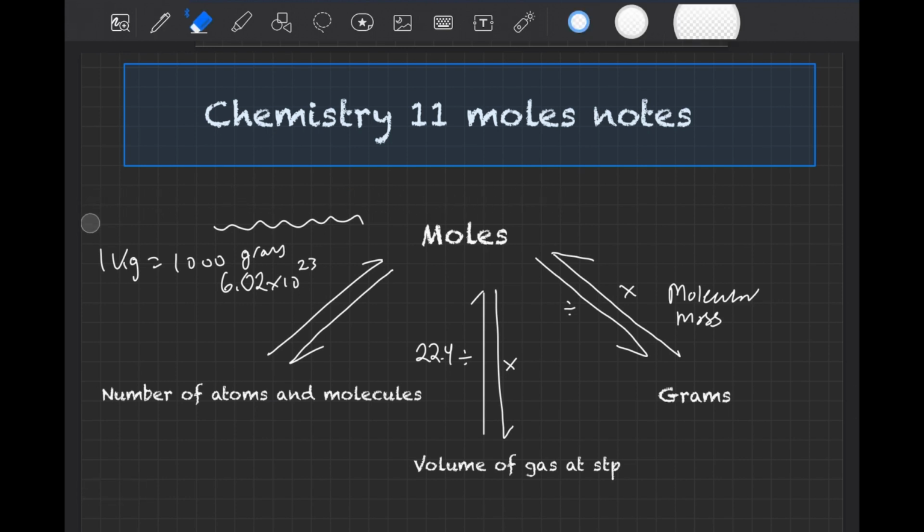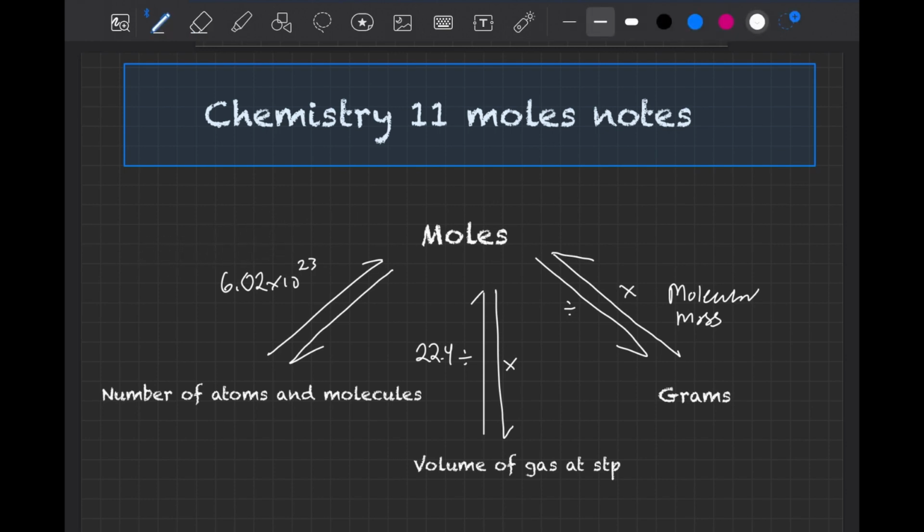So now let's talk about how we can use moles to do calculations. One easy way to remember this is that you're always going to multiply down from moles, and you're always going to divide up to get to moles.